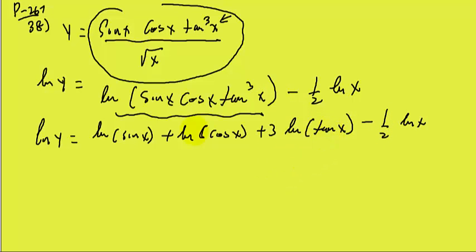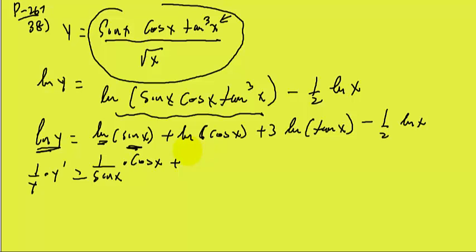Now I'm going to take this derivative implicitly. So on the left side, derivative of ln of y is 1 over y times y prime. And then the right side, derivative of that is 1 over sine of x times the derivative of sine, which is cosine of x.